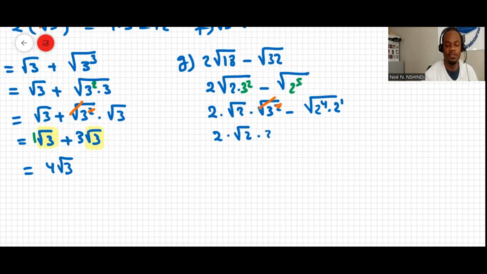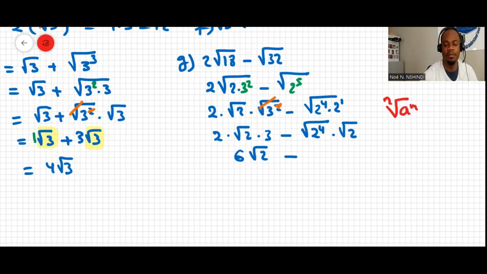We are left with 3 minus square root of 2 to the power 4 times square root of 2. Then we can simplify. 2 times 3 makes 6, so that makes 6 root 2 minus 2 to the power of 4 root 2. As we were saying, the nth root of a to the m is equal to a to the m over n.